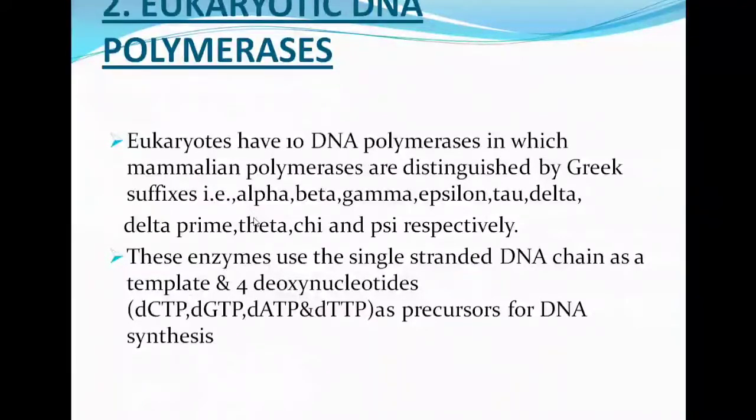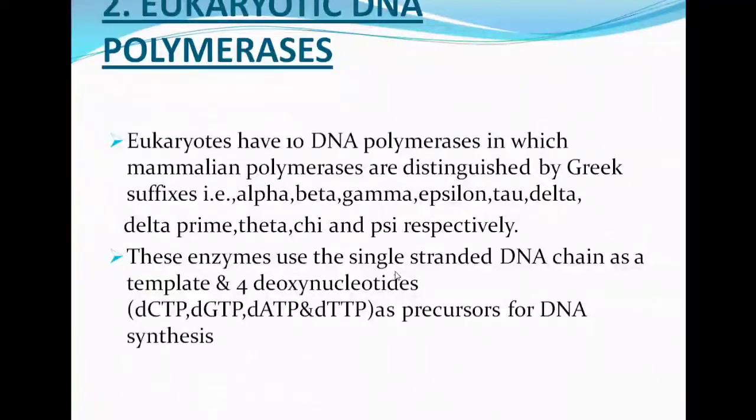So eukaryotes have about 10 DNA polymerases, in which mammalian polymerases are distinguished by Greek letters. For example, alpha, beta, gamma, epsilon, tau, delta prime and delta, theta, chi, psi, respectively. So the DNA polymerases are given the letters of the Greek suffixes.